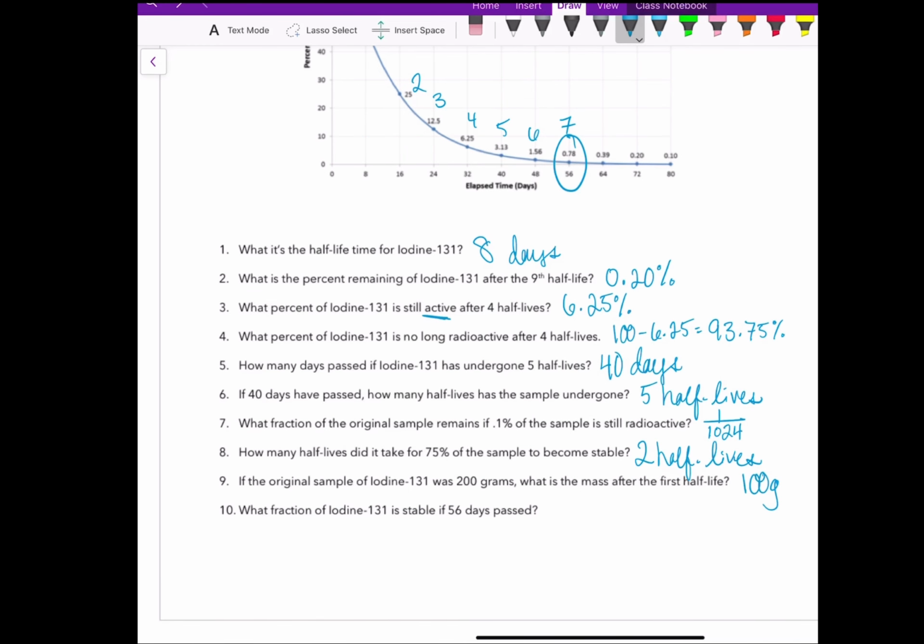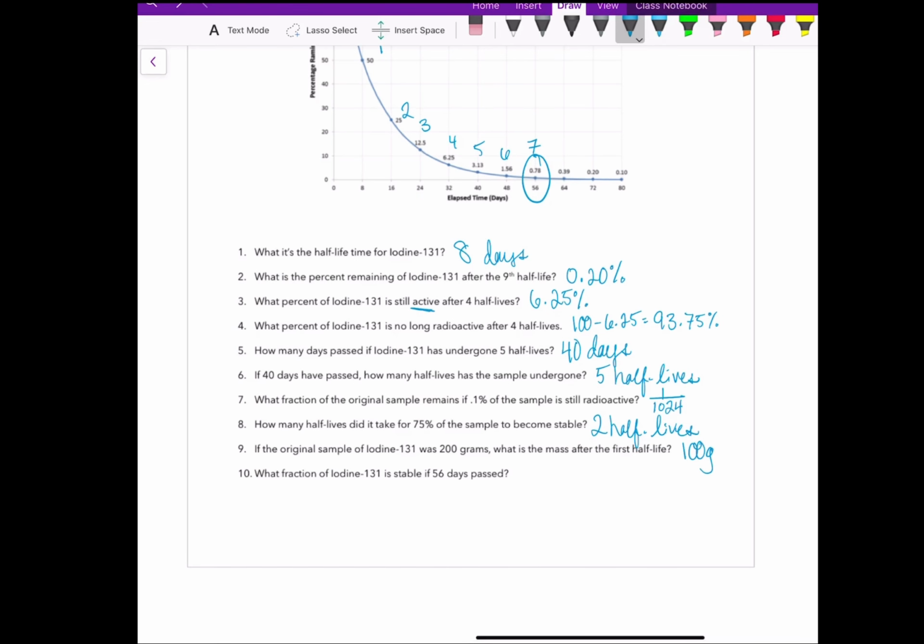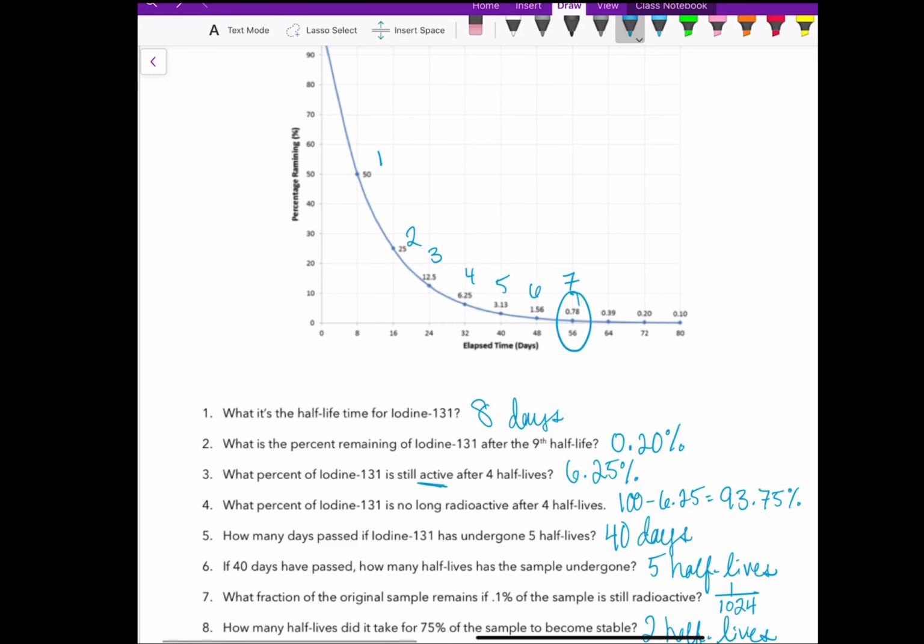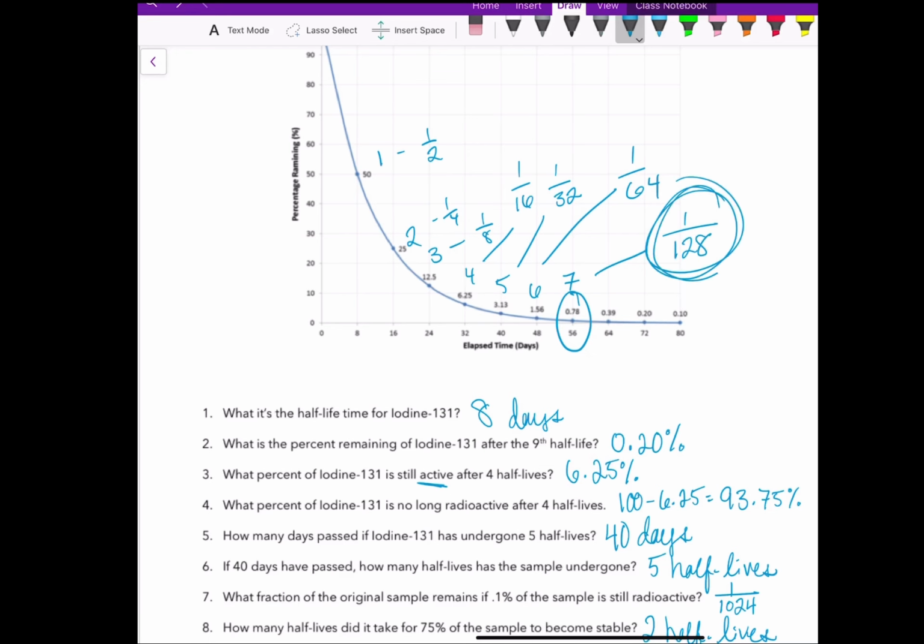And to know what fraction is stable, well, at this one, we have 1/2, 1/4, 1/8, 1/16, 1/32, 1/64, and then 1/128. So this is what is still radioactive. So therefore, what has decayed then would have to be 127 out of 128.